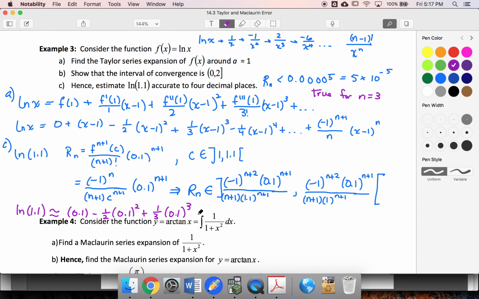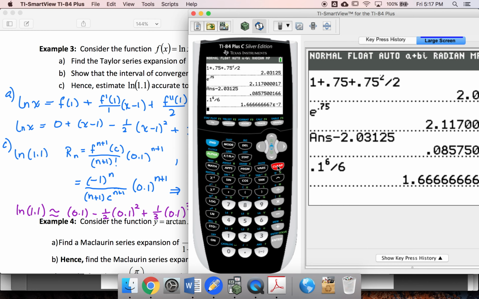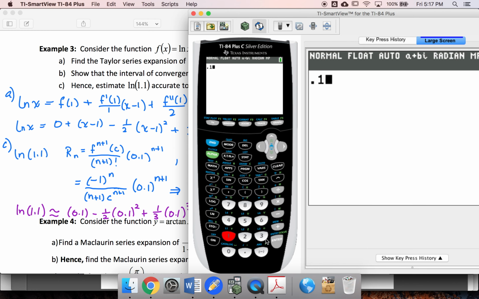What this means that I'm doing is I'm approximating ln with arithmetic. I don't need to know anything about logs to approximate this value. So I can go in and say that, let's clear this out, 0.1 minus a half times 0.1 squared plus 0.1 cubed divide by 3.